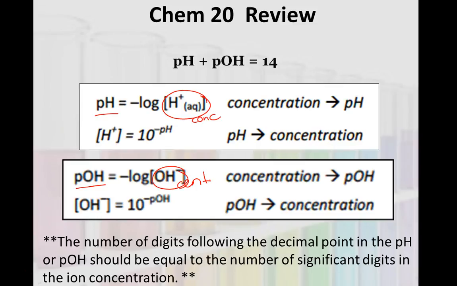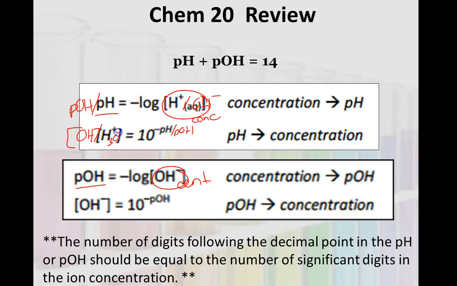You have to remember those, but really you only need to remember like two formulas: pH or pOH is the negative log of the concentration, and the hydronium or hydroxide ion concentration is 10 to the negative pH or pOH.